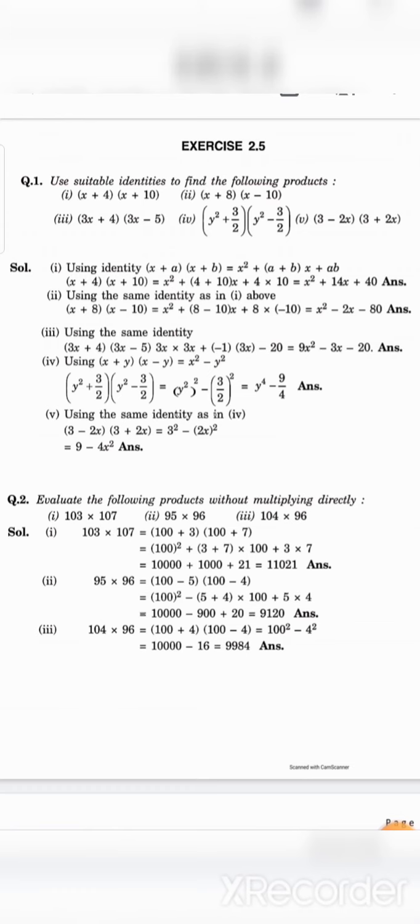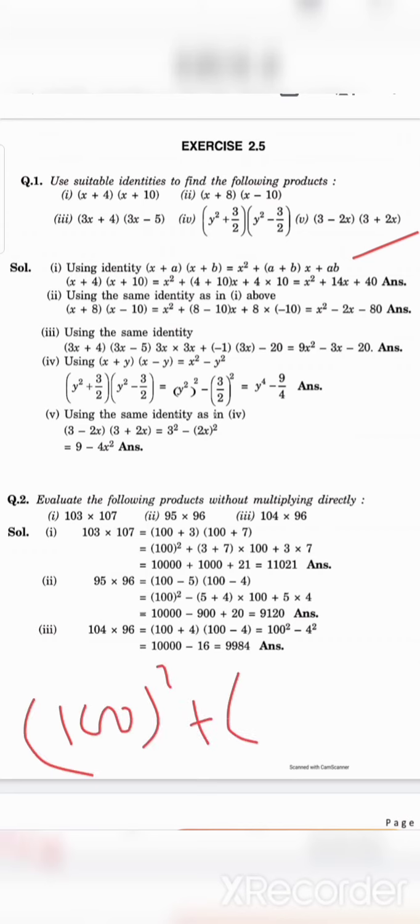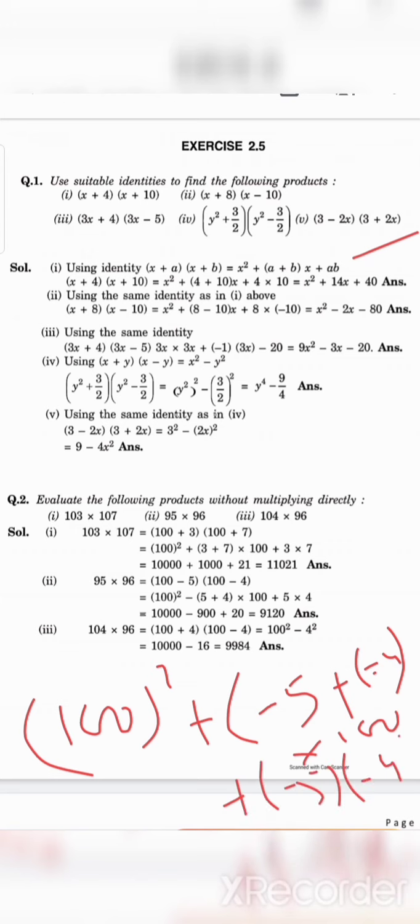Now we multiply these terms and write in the RHS of the identity. We get x square means 100 square, plus, in the bracket, first term is negative plus second term is also negative: minus 5 plus minus 4 multiplied by x means 100, plus a into b means minus 5 multiplied by minus 4.